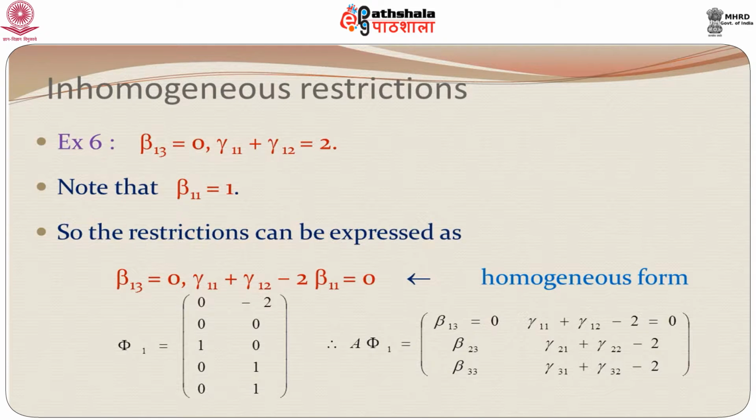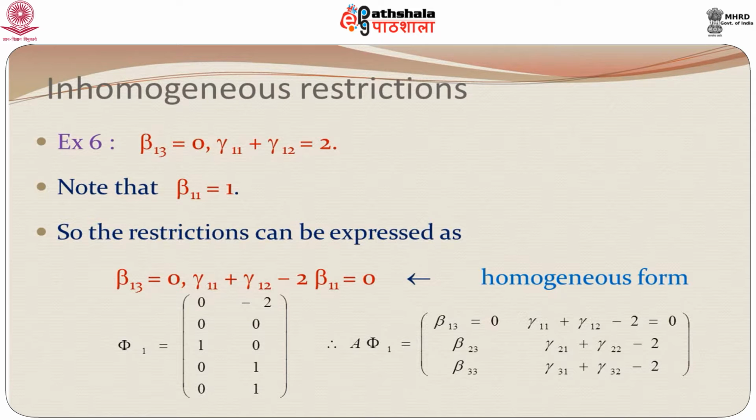Of course, the order condition is satisfied, and A phi 1 tells us the rank of this matrix is going to be 2, and hence this equation is identified. So, inhomogeneous restrictions can be in most cases transformed into homogeneous restrictions, and hence the homogeneous restriction techniques can work in this case as well.